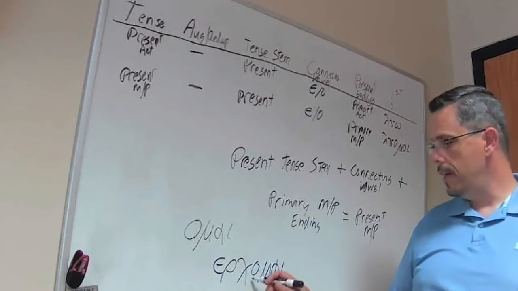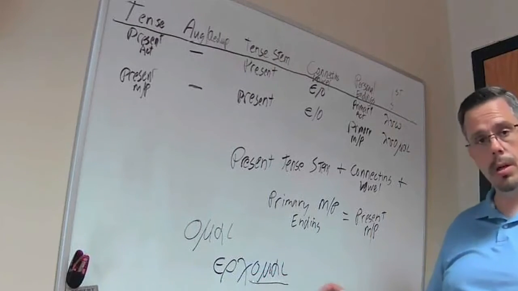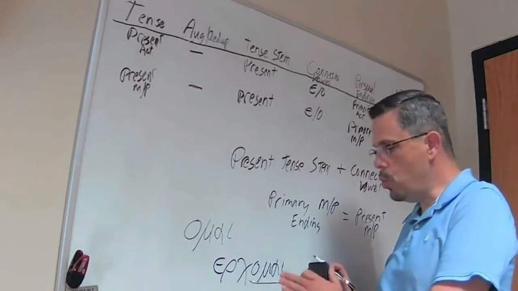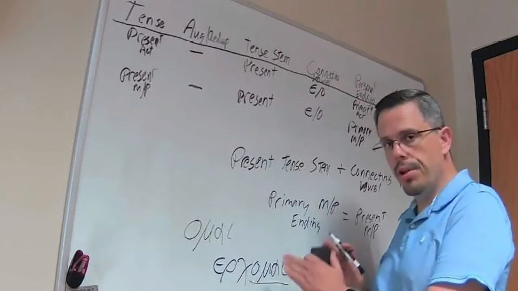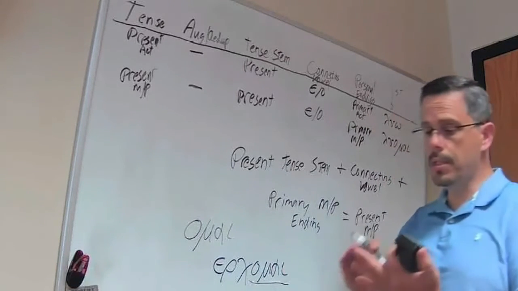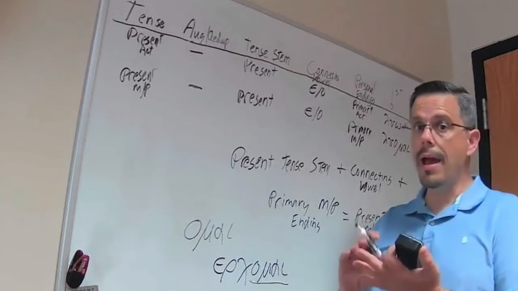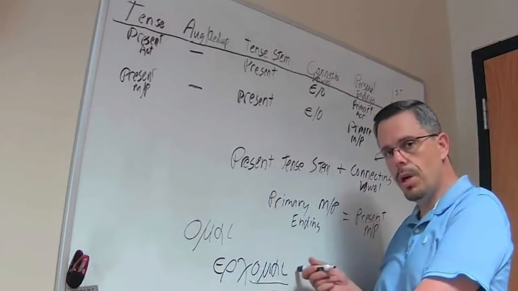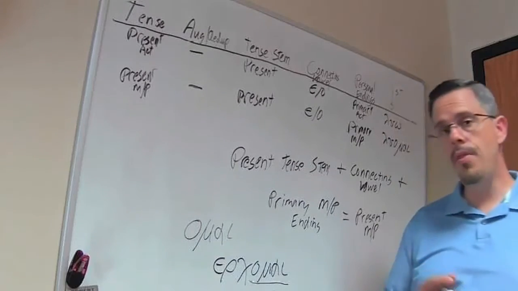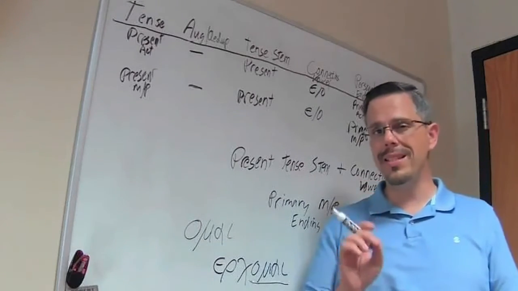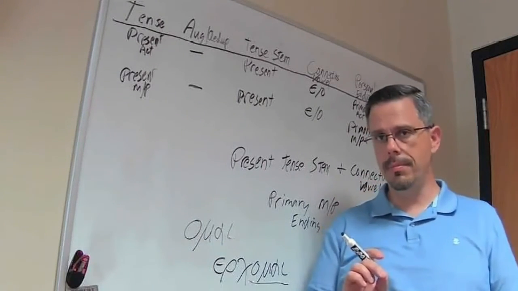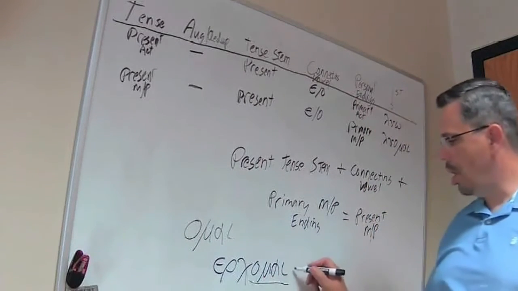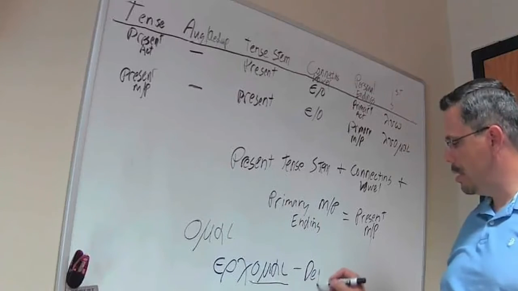All you'll ever find in the lexical form is erchomai. When you see that a word in the lexical form, which is always supposed to be the present active indicative, is listed with an omai ending, that means in the present tense this word is what we call a deponent.